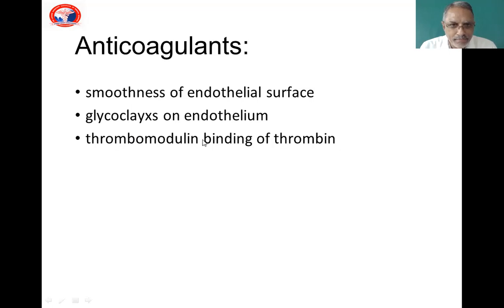Thrombomodulin binds to thrombin and reduces thrombin activity, preventing formation of fibrin. So it balances the procoagulant activity of the proteins in the blood.